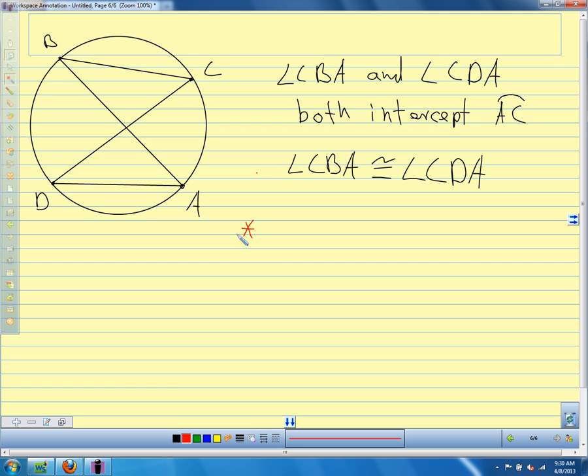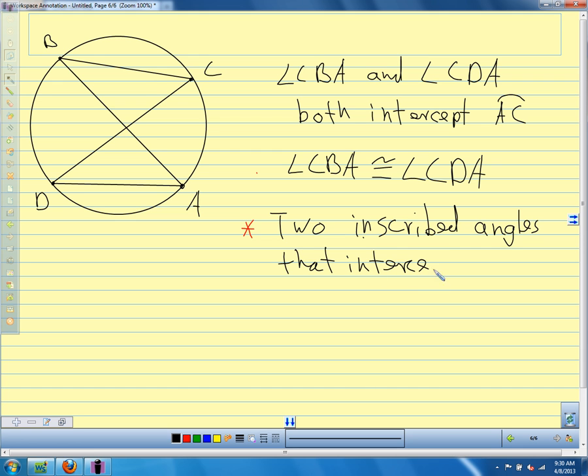Our important result is two inscribed angles that intercept the same arc are congruent.